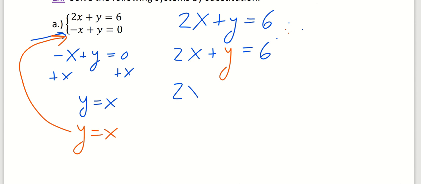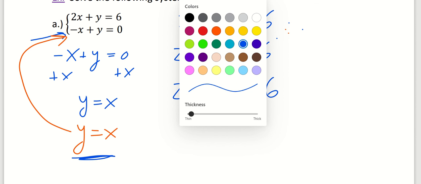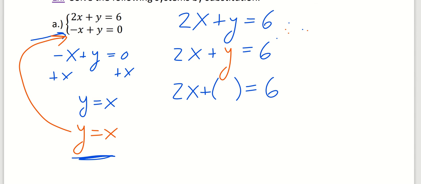What we can do is use the expression for y that we just found in the other equation to substitute it in. Because we know that y is equal to x from the second equation, everywhere I see a y in the first equation, I can simply replace that with x.